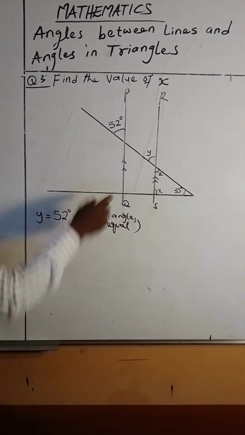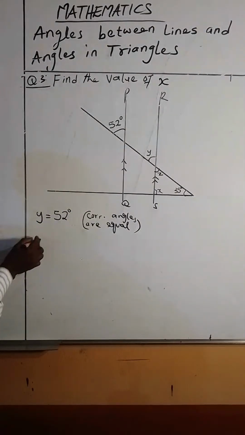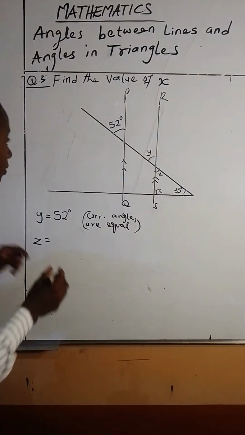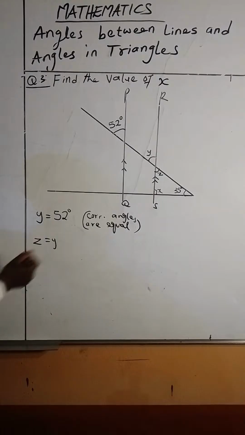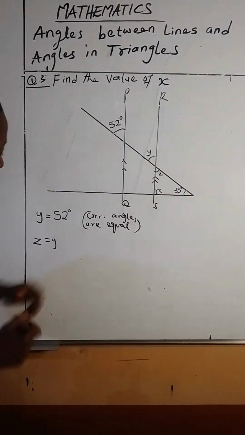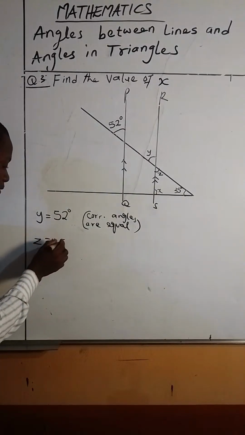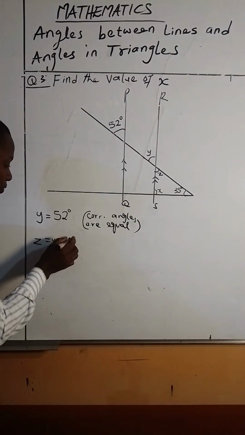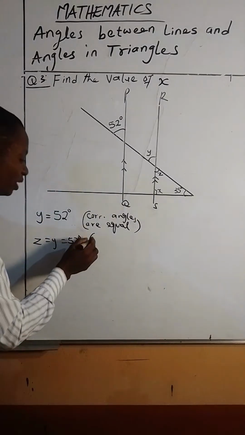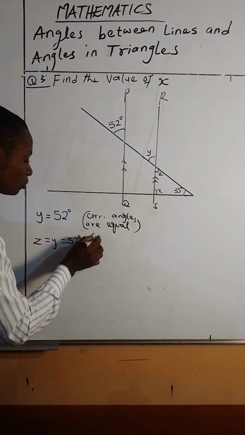Then for Z, Z is equal to Y, which is equal to 52 degrees. And we call this one vertically opposite angles.